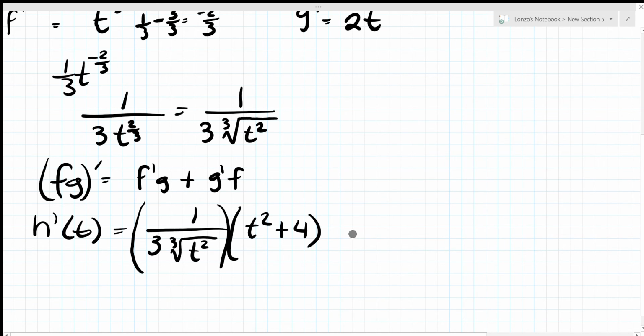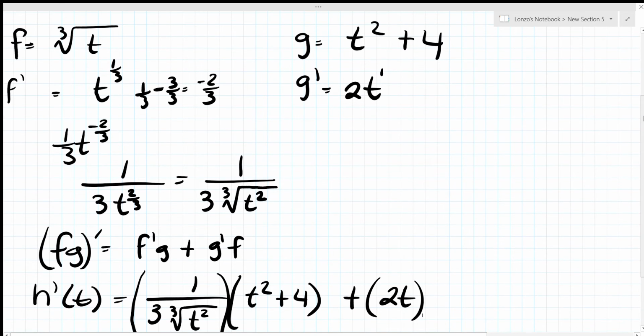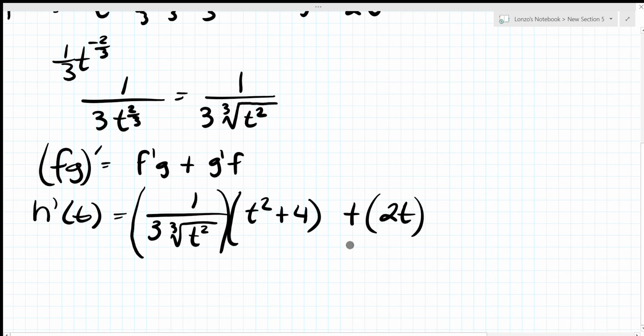And then plus, so now it's g prime. g prime is 2t, times f, which is the cube root of t. Good. Now let's clean this up.